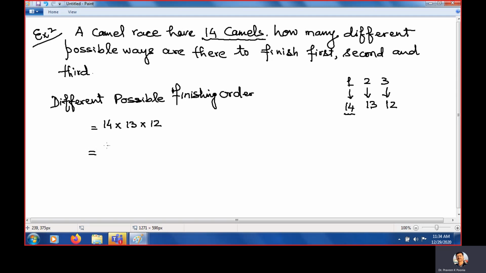So how many possible ways are there to fill the first, second and third positions in the camel race? It is 2184. Clear? This is the number of possible ways.